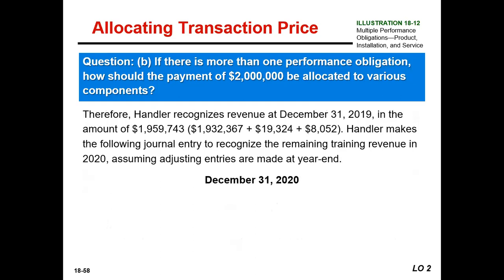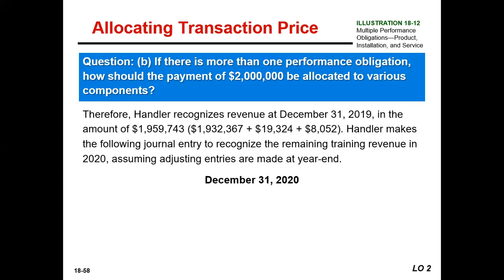So Handler recognizes revenue at December 31, 2019 in the amount of 1,959,743. So that's a total of 1,932,367 plus 19,324 plus 8,052. Handler makes the following journal entry to recognize the remaining training revenue in 2020, assuming adjusting entries are made at year end.